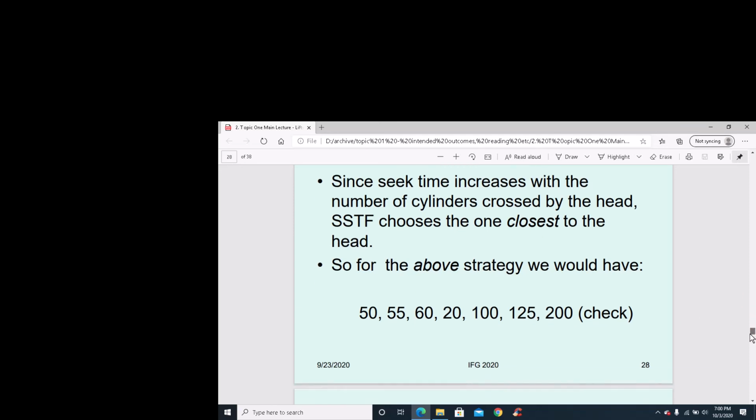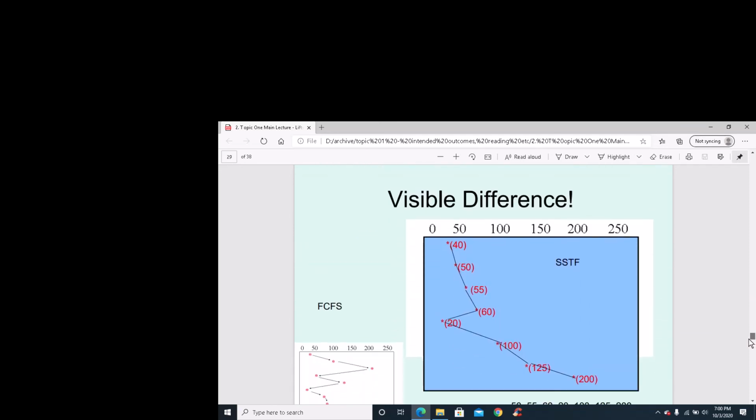We get the following chart, and check all this. Visit 40, visit 50, visit 55, visit 60, visit 20, visit 100, visit 125, and then finally visit 200.